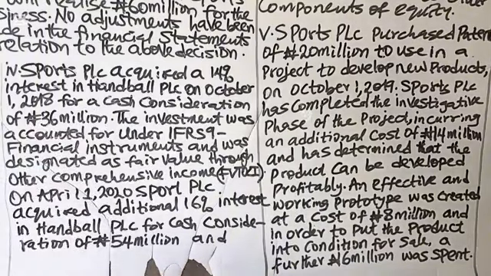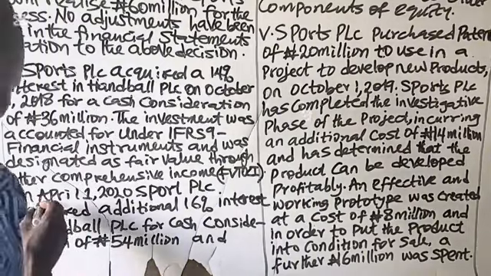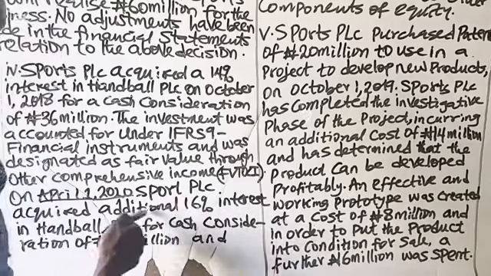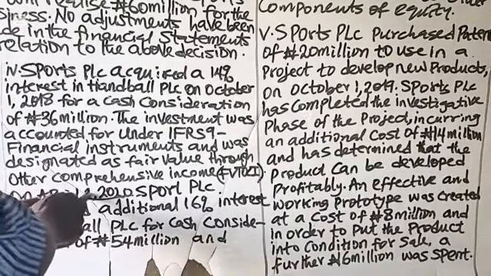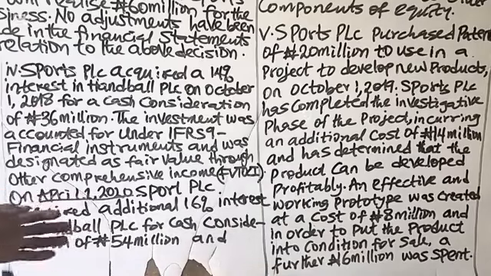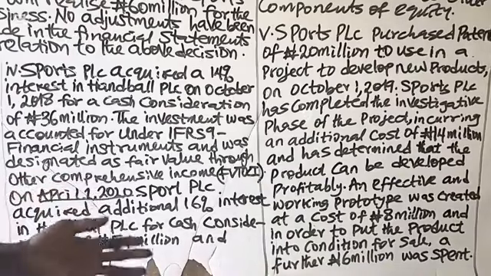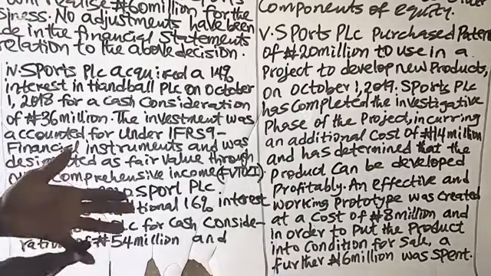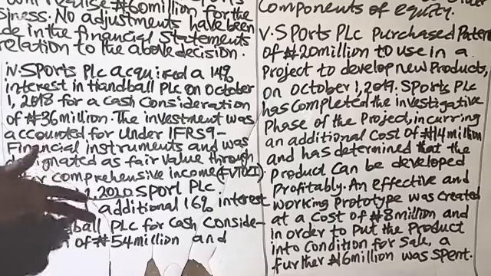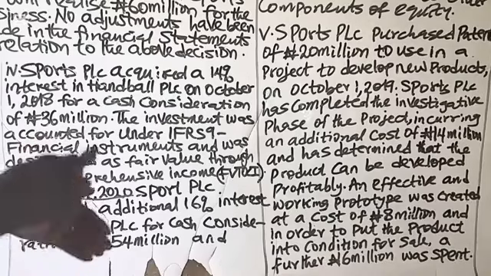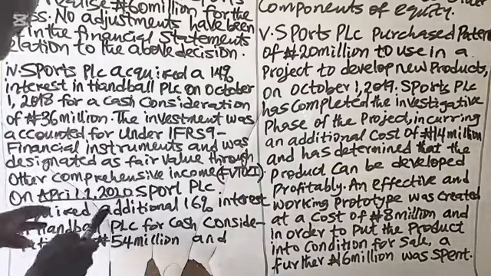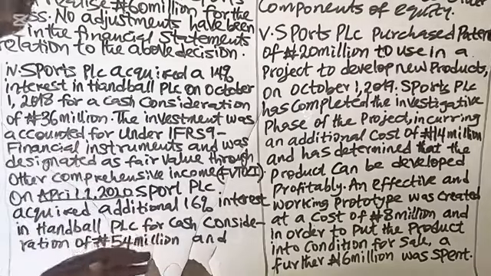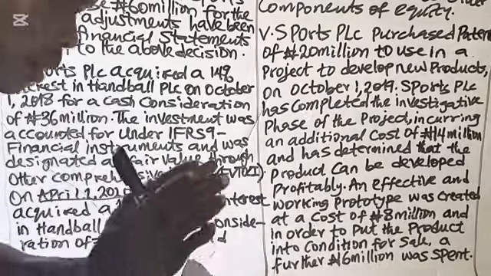On April 1st, 2020, Sports PLC acquired an additional 16%. Post-acquisition profit means the profit from April 1st, 2020 to the date of consolidation. How many months is that? April 2020, May, June, July, August, September. It shows that 6 months relates to the post-acquisition period.